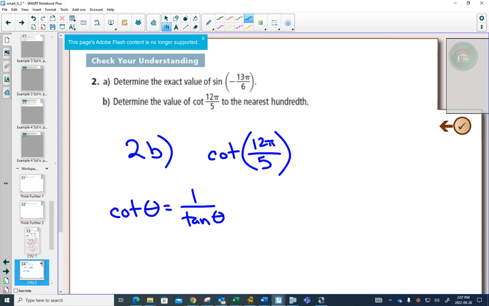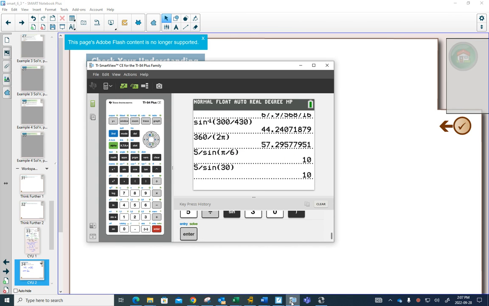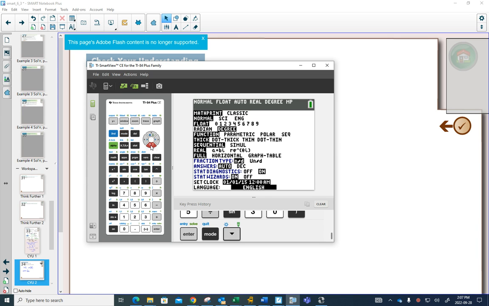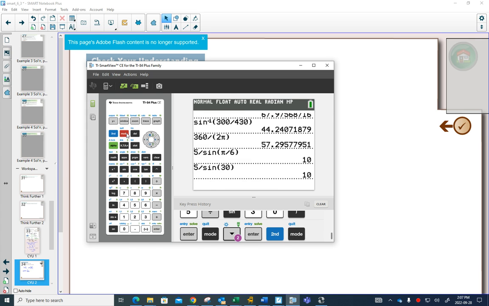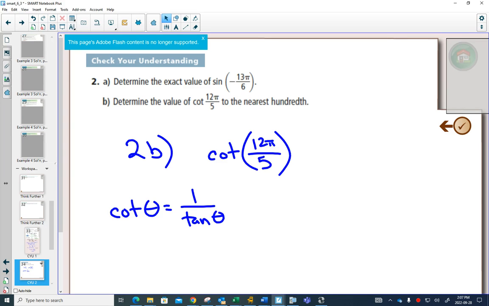So, if I want to type this into my calculator, I need to recognize that this question is in radians. So I go to my calculator and make sure I change it from degrees to radians, or make sure that it's still in radians. You will have to change back and forth often in this course. Once it's in radians, I can type this in.